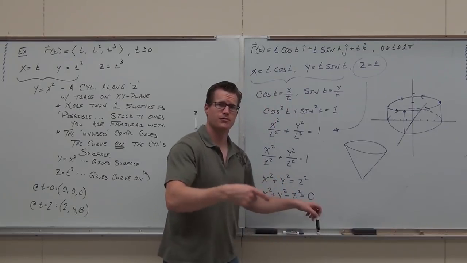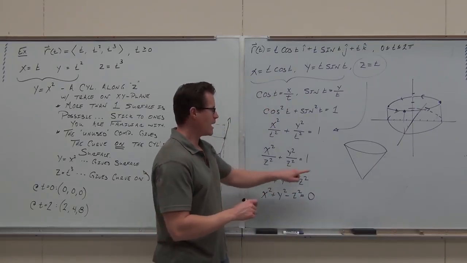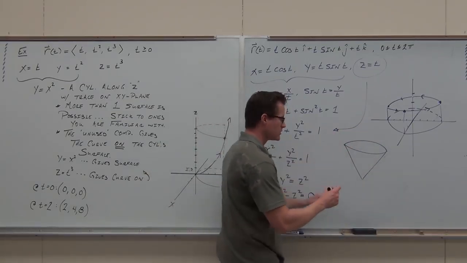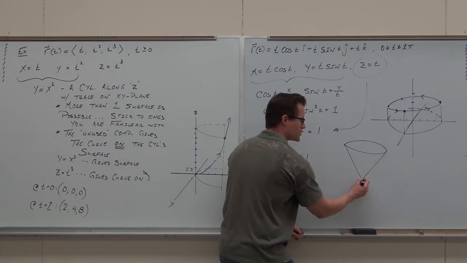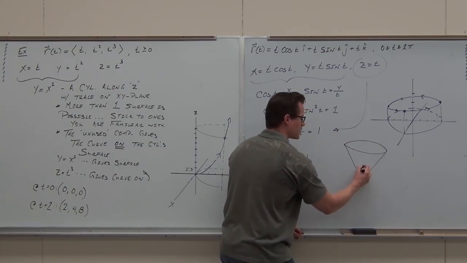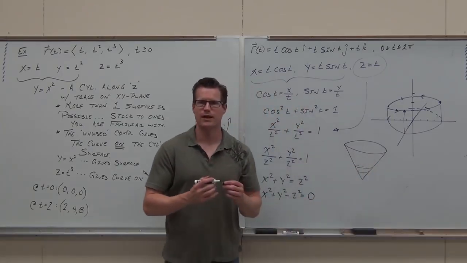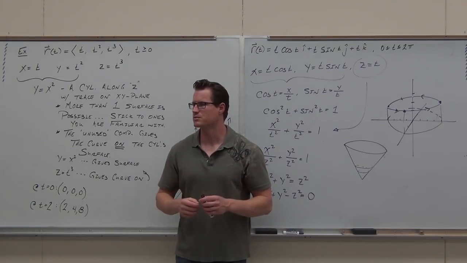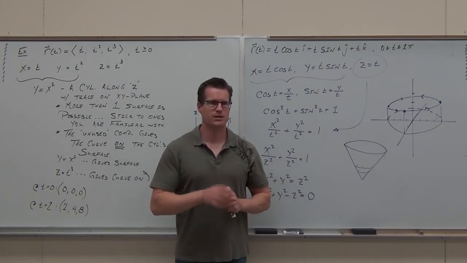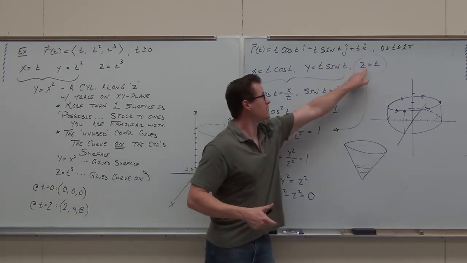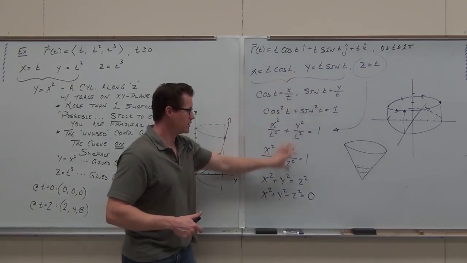If you start plugging in values from 0 to 2 pi, this guy does a lot of what our original thing did. It starts at the origin and starts traveling along that cone, and it spirals up that cone. You plug in some numbers and figure that out to get the spiral.